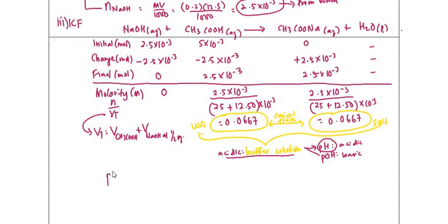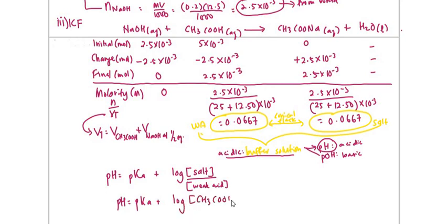So now pH equals to pKa plus log concentration salt over concentration weak acid. Okay, pH that I took before, kita tak terima dalam keadaan macam ni. Kita nak yang spesifik. pKa plus log CH3COONa over weak acid CH3COOH.